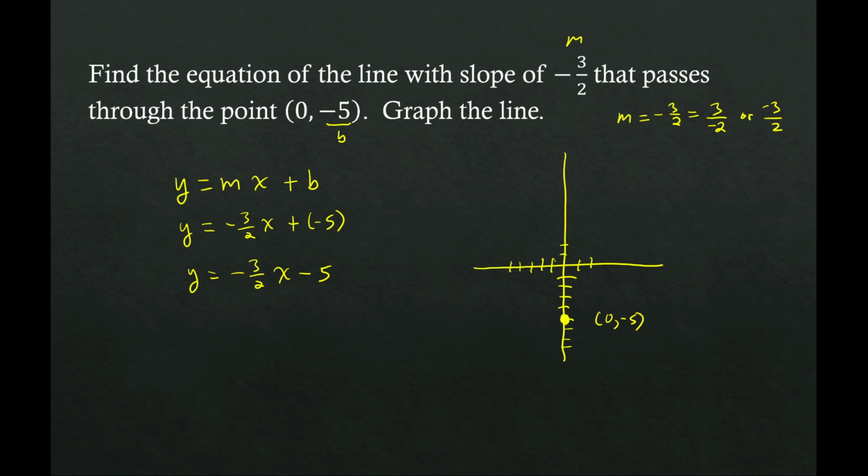Then to get the next point, we're either going to go up 3 and to the left 2, or we can go down 3 and to the right 2. We'll end up getting a line that looks like that. And so that would be the line y equals -3/2 x minus 5.